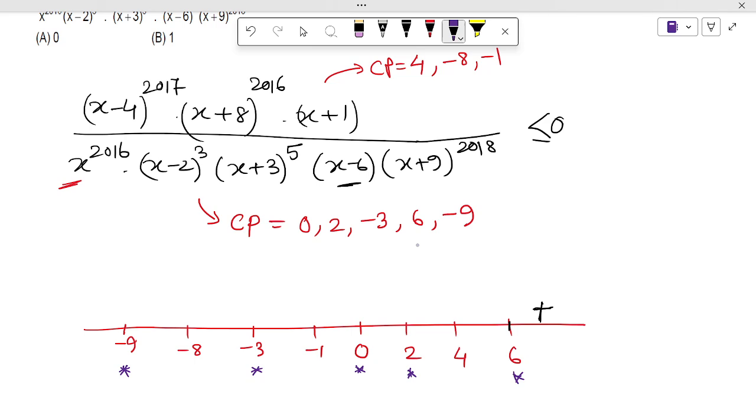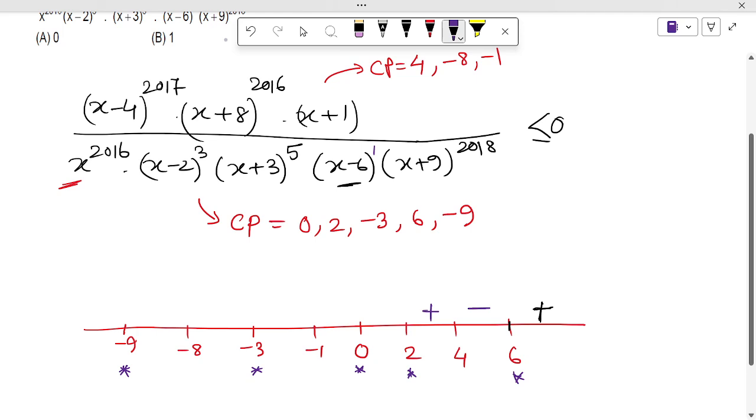If x is greater than 6, the whole expression will be positive. Now we need to check whether the sign will change at 6. If the power of the root is an odd number, then the sign will change. At 6 the power is 1, which is odd, so the sign will change. At 4 the power is odd, so again the sign will change.